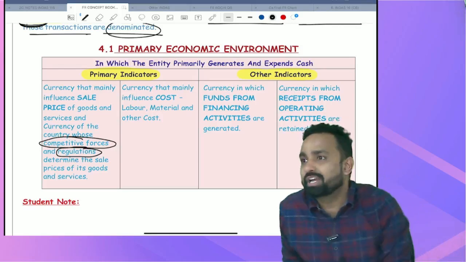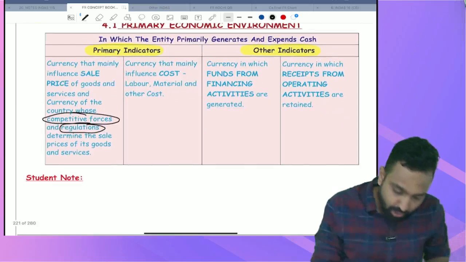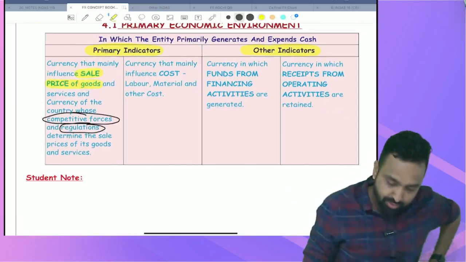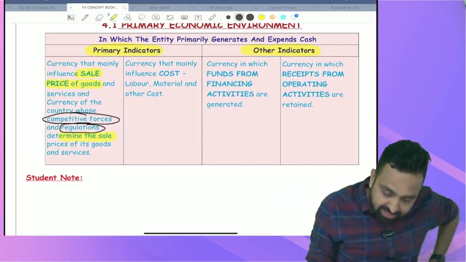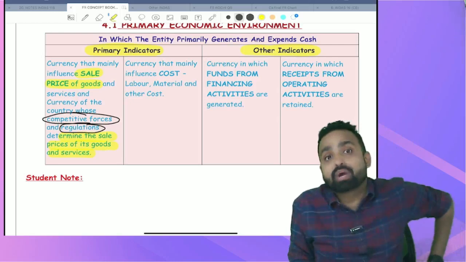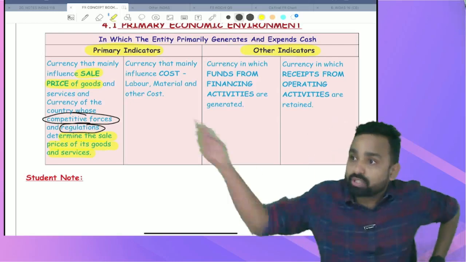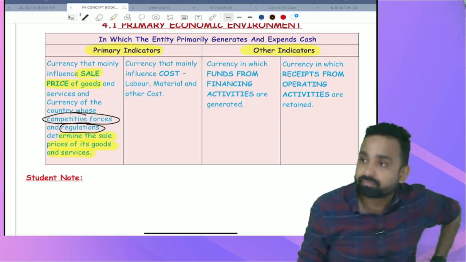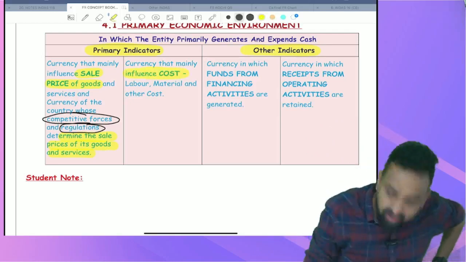Guys, are you understanding or not? So the currency that mainly influences the sale price of the goods and services. If you are not able to identify based on the sales, go to the second one. What it says? Currency that mainly influences the cost.